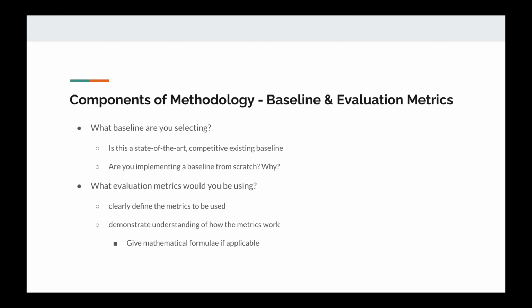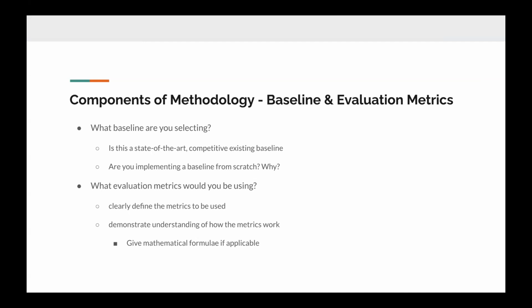And also bear in mind that you would be comparing against the baseline. The essence of the baseline is for you to be able to compare with your results from the new work that you've done. So how do you compare these? You need to have some metrics to compare with, and those are called evaluation metrics, and your evaluation metrics would vary from project to project, right?